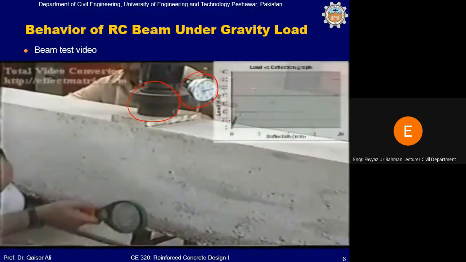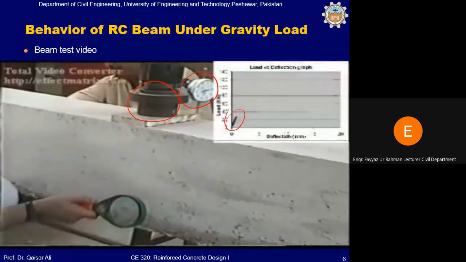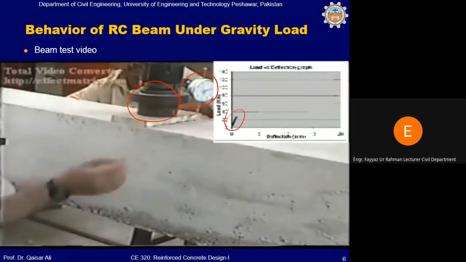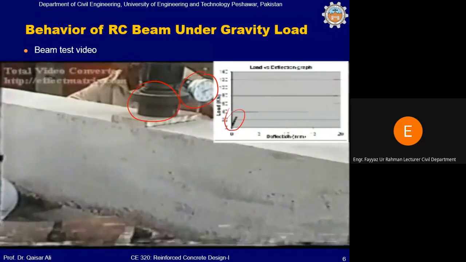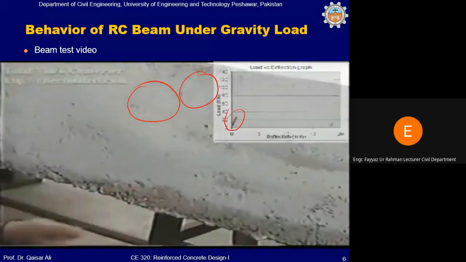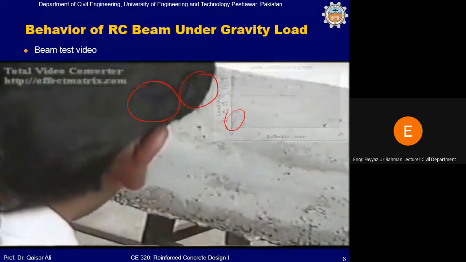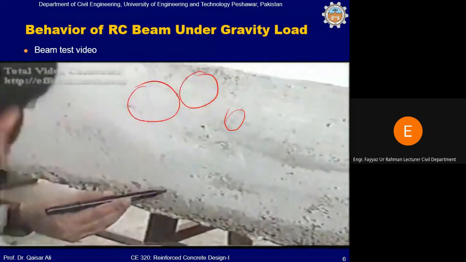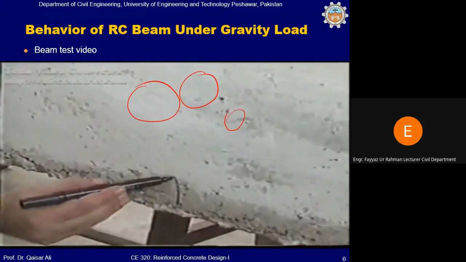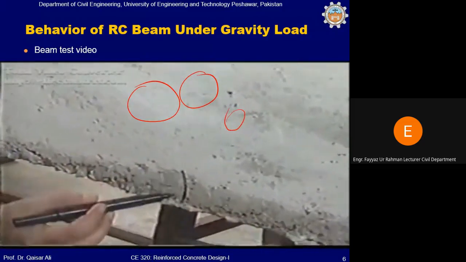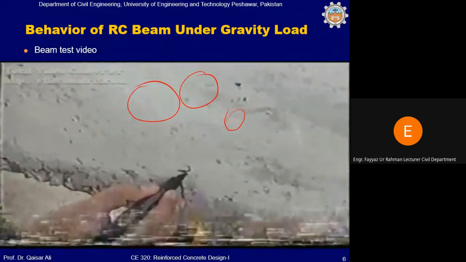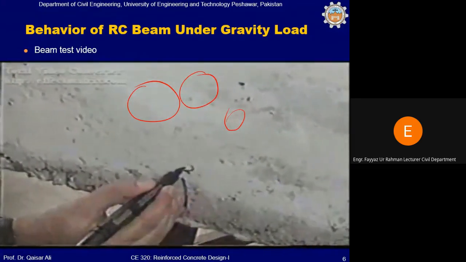You can see the load deflection curve here. At the same time, the cracks are marked with the corresponding load. For example, the load at which a crack appears is also marked here.